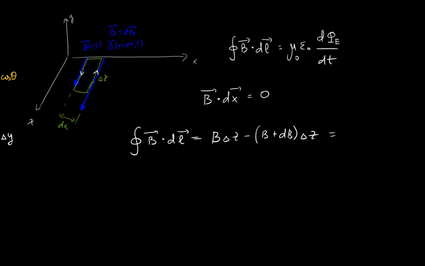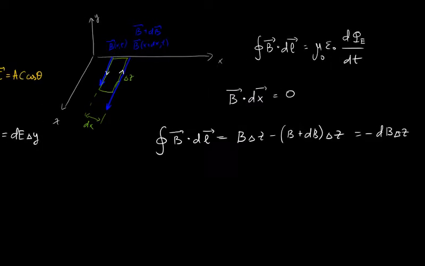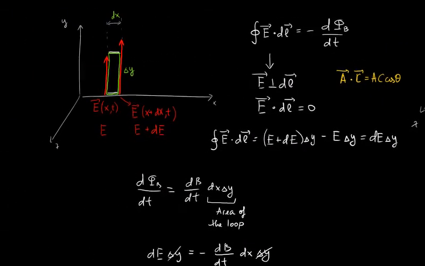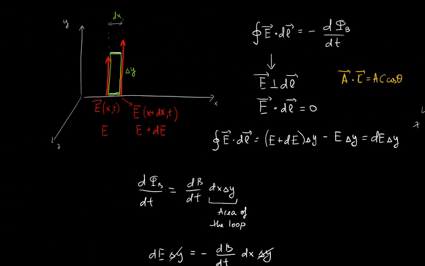Which will give me a negative dB delta z. Let me just go back, I feel like I forgot to mention the direction of the loop for the electric field, where we had the loop going up here and down here.